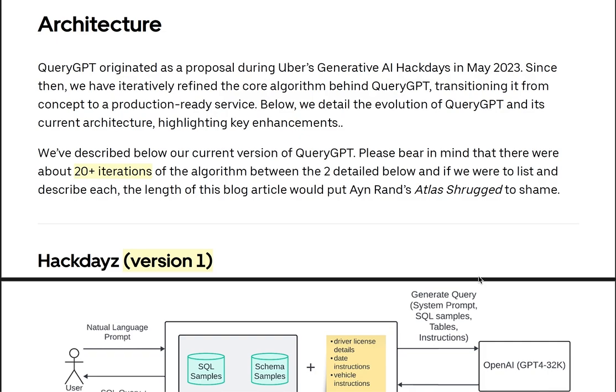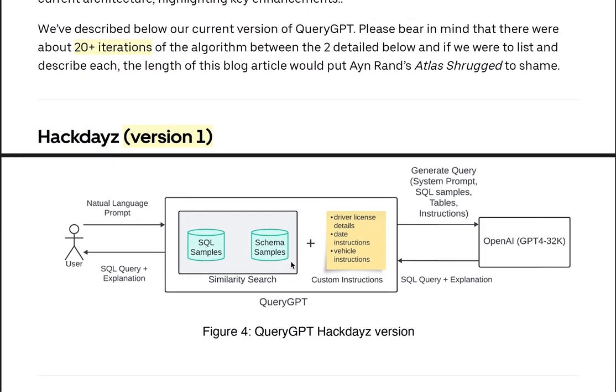Talking about the architecture, this particular idea was generated in a hackathon, and they are now claiming to have made more than 20 iterations to the algorithm, but the initial algorithm looked something like this, wherein they will be taking in one input, which is a user query, a natural language input, let's say English.